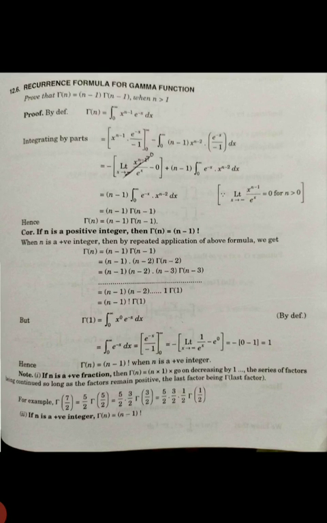See here, recursion formula for gamma function. Prove that gamma n is equal to n minus 1 gamma n minus 1. If the n is the previous, its term is n minus 1. That's why gamma n is rewritten as n minus 1 gamma n minus 1. Already I proved this in the previous class, explaining also. Okay, I am applying this formula here.